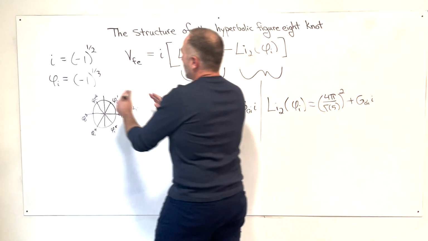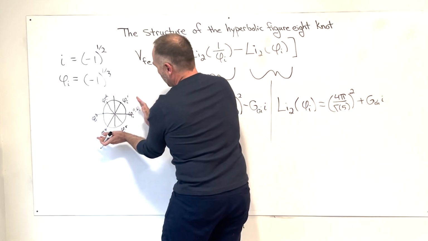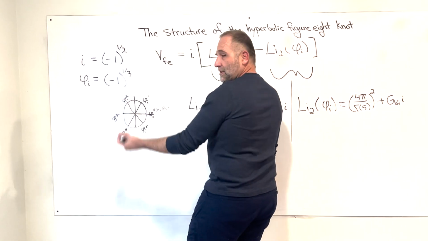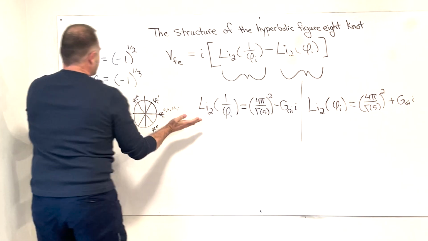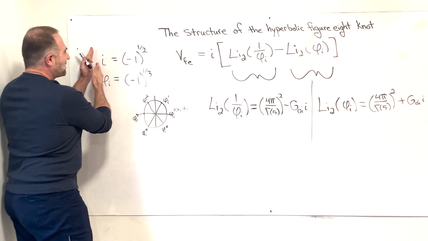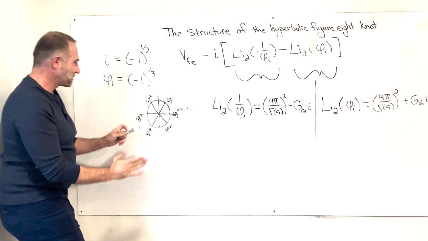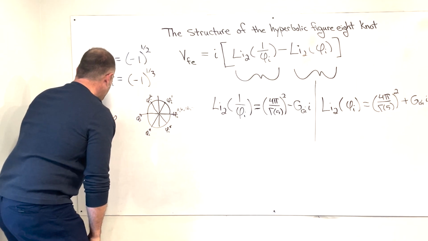Okay, but this structure, this number here, is dividing the unit circle into 6 pieces, right? In the same similar way, i is talking about a unit circle divided into 4 pieces, right? So this is for the imaginary golden ratio, and for i, we're talking about a unit circle that's divided like that.